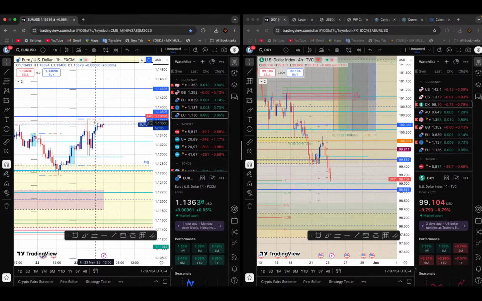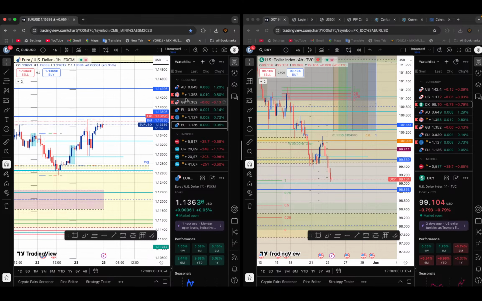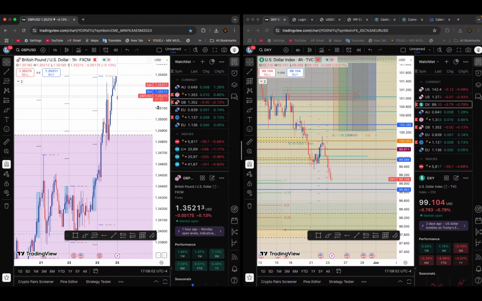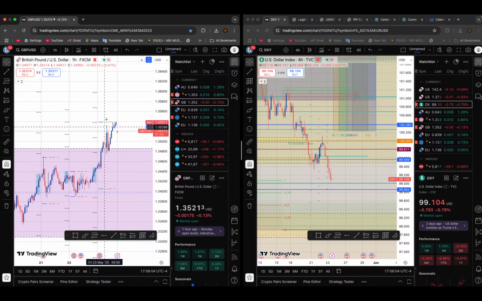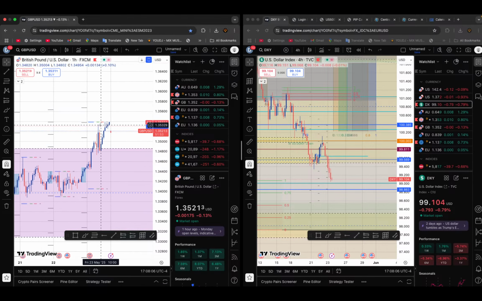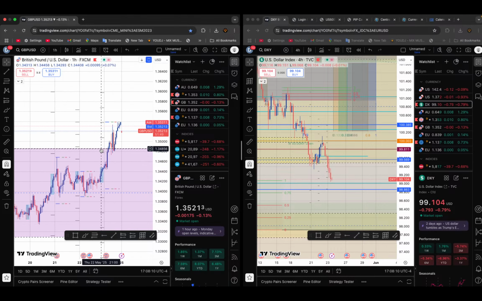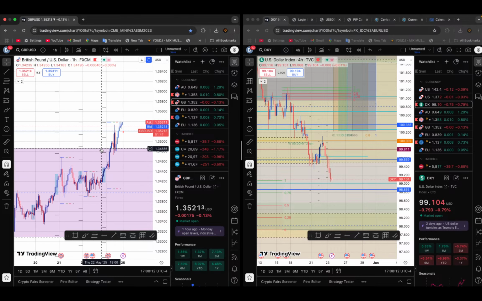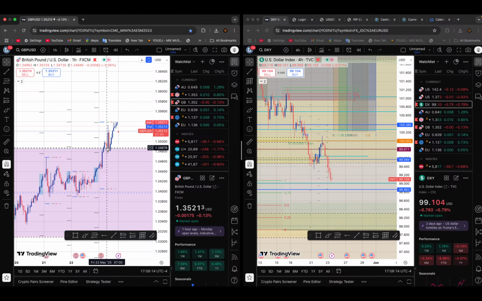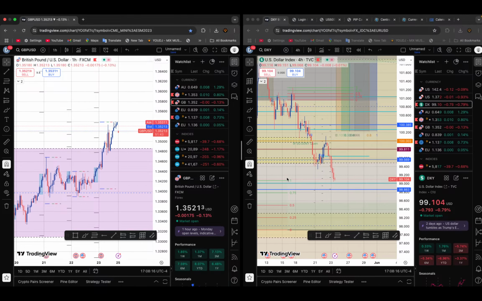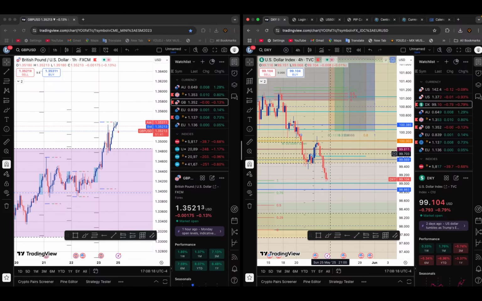Now that we've got that out of the way, let's go on to GBP. GBP has been a lot more bullish, but you can see a gap lower, potentially reach there. With this price action, it may end up doing it by Monday and then start to see reverse pretty quickly.